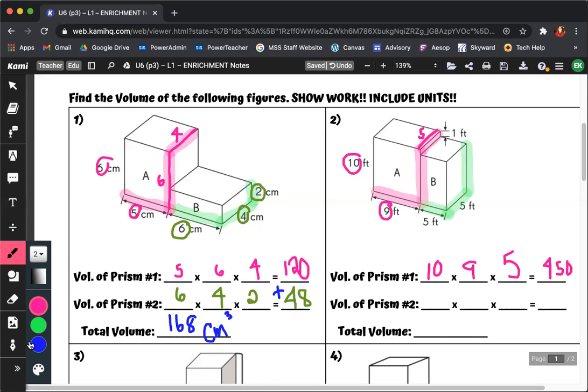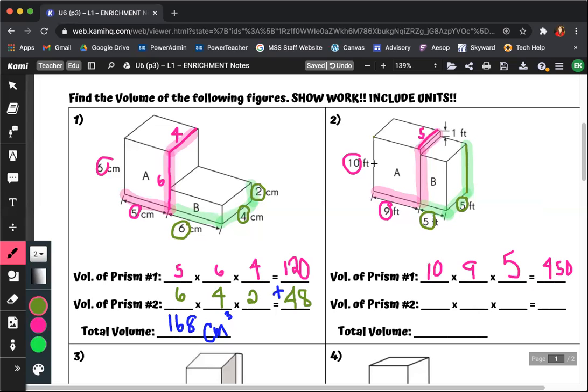Now looking at shape B, we have our length across of 5, our width across of 5. There is no height right here. So I look on the left side. I don't see anything there. I look right here. I don't see anything here.